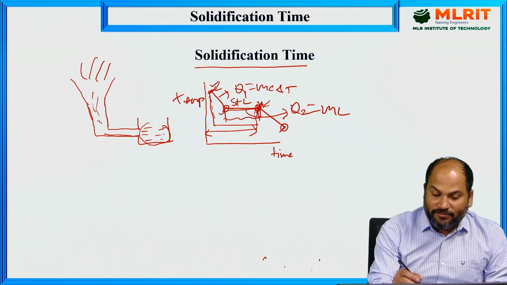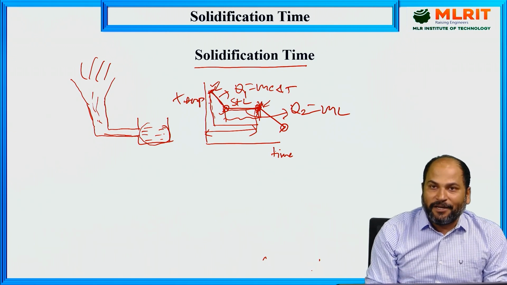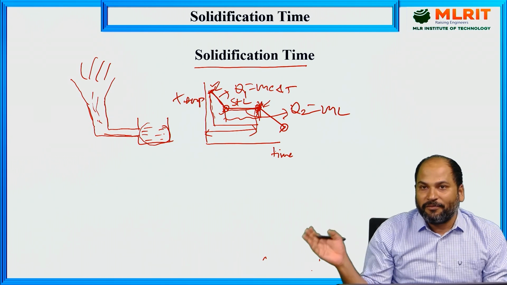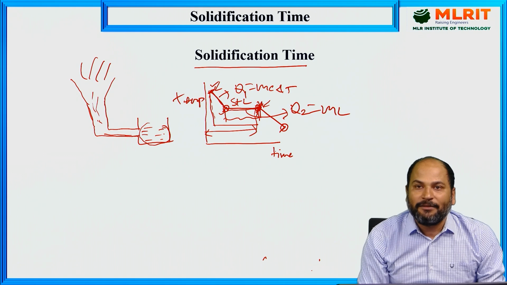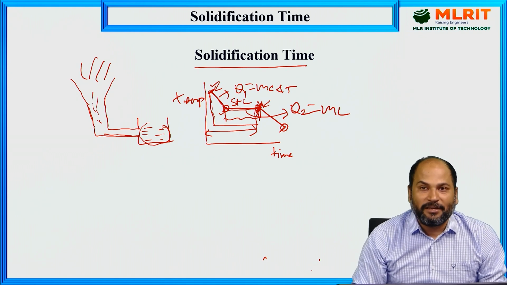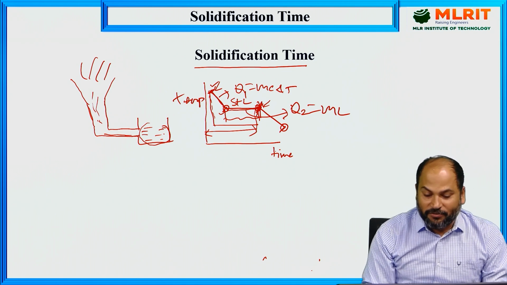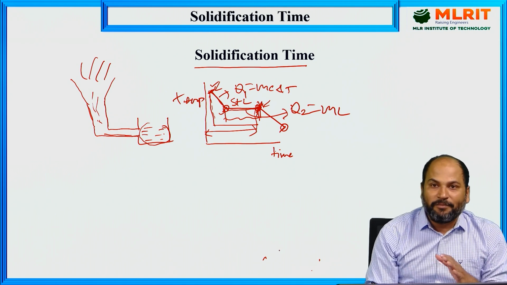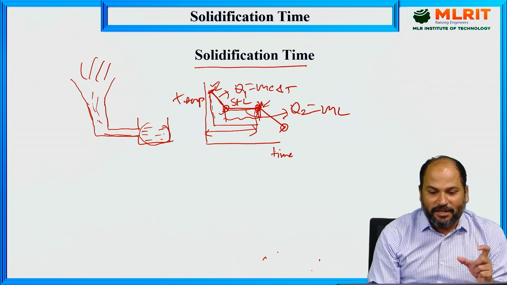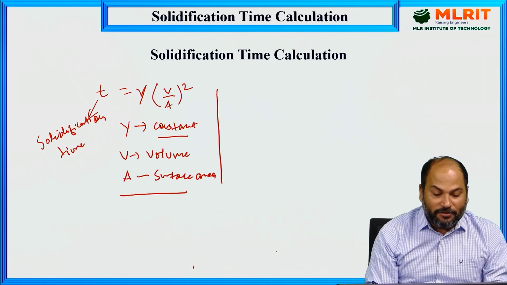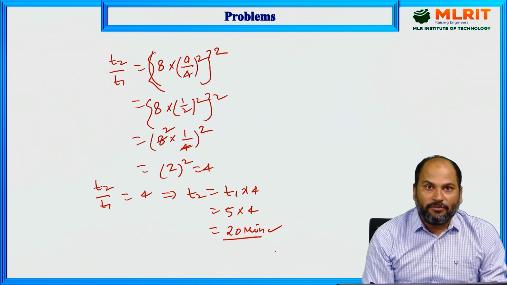The main point was to understand that solidification time is not measured from the point where we pour the metal to the point where it reaches room temperature or the experiment condition temperature. The important point is the time when the metal is completely transformed from the liquid to the solid state; that is the solidification time we have to consider. I hope this was understandable to all the students.